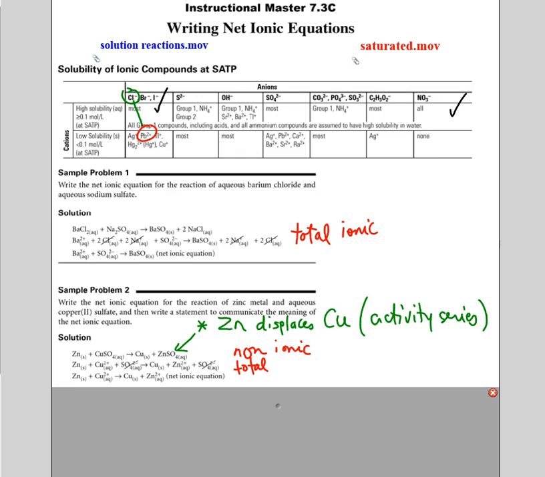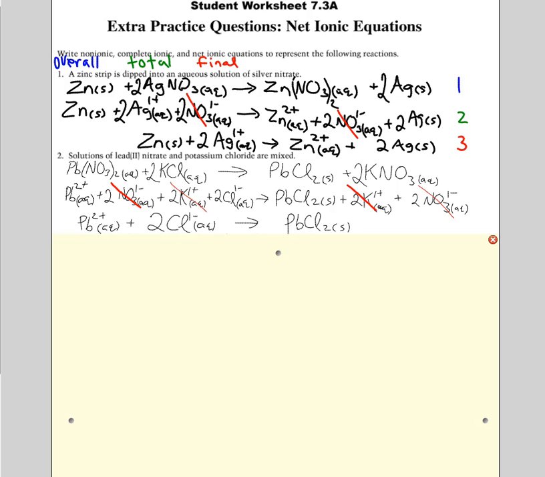You can almost think of the S in the product as representing saturated, although really it represents solid. But that can remind you that you've saturated the solution with ions. You have as many ions as possible before precipitate forms, so we get a solid. We balance it. 2 chlorides, 2 potassium are required to form our product, which is potassium nitrate.